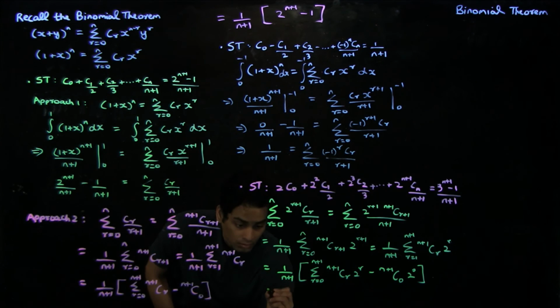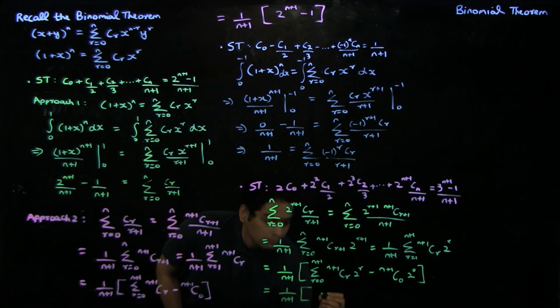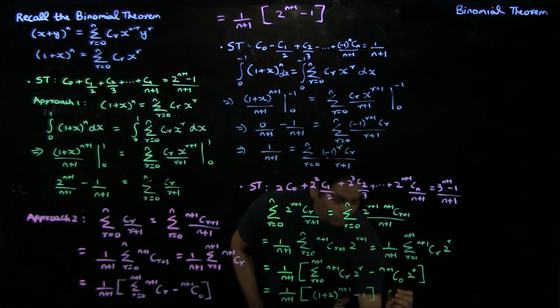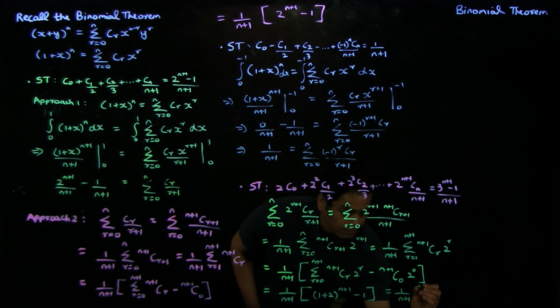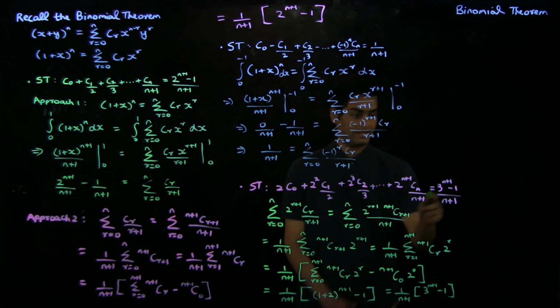And so this is going to give us 1 over n plus 1 times 1 plus 2 whole power n plus 1, and this last term is just minus 1. So this gives us 1 over n plus 1 times 3 power n plus 1 minus 1, which is exactly the right hand side of this result.